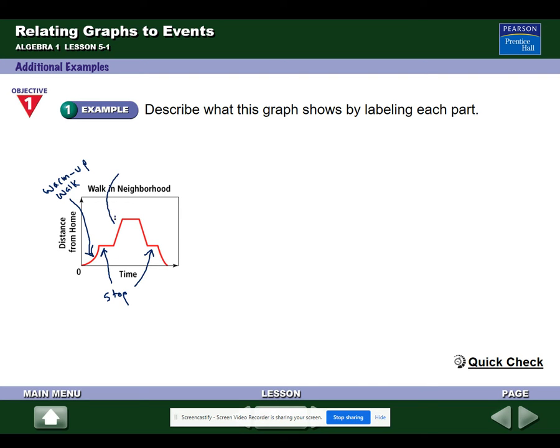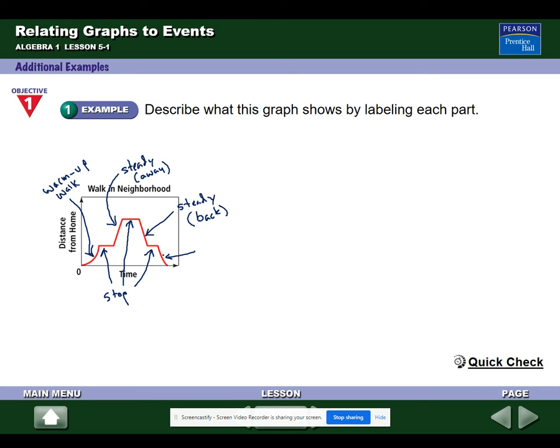This then would be walking at a steady rate, further away from the house. So let's say steady away, whereas this is going to be steady coming back. Okay. I think stop would also go for this one right here.